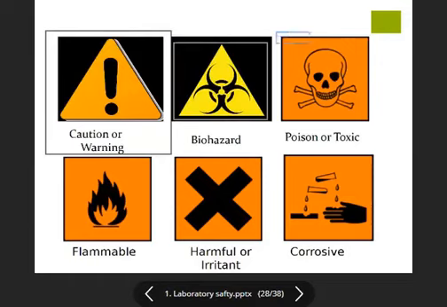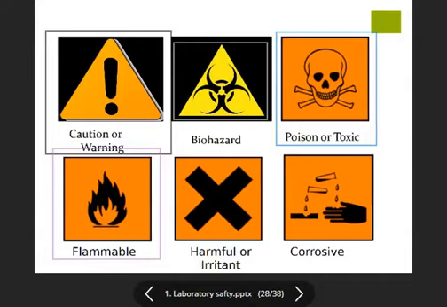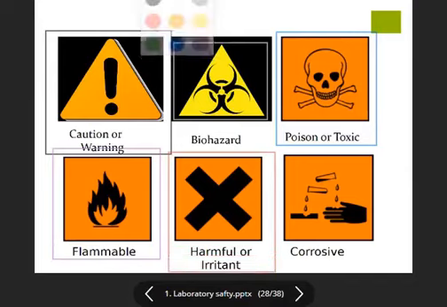Then it is poison or toxic. Then it is flammable. Then it is harmful or irritant. And in the last we have corrosive, for acid.